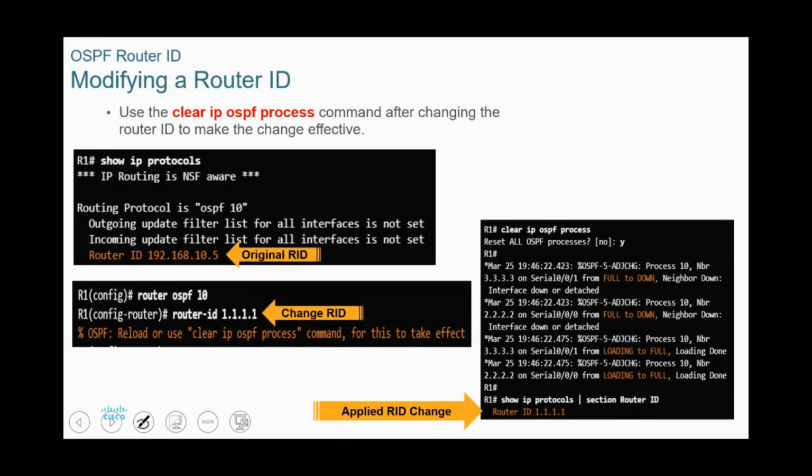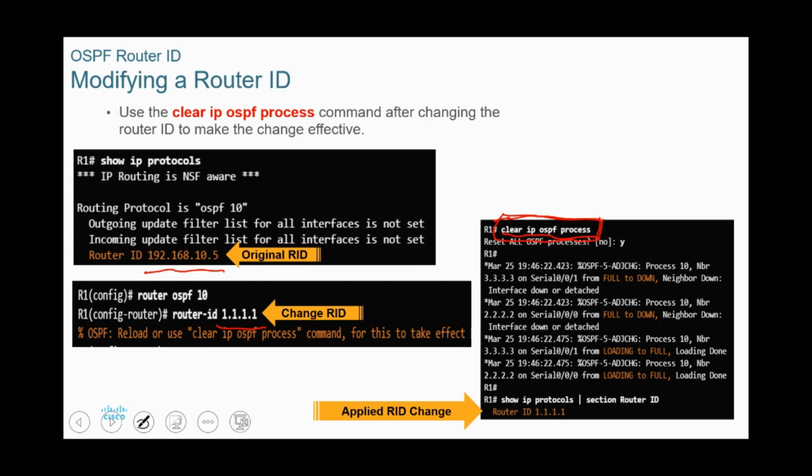Once you want to modify your router ID, assume that your original router ID is 192.168.10.5 and you would like to change it to 1.1.1.1. Don't forget, once you change it, remember to clear the IP OSPF process, which is this command, so that it can refresh and resend the packets.